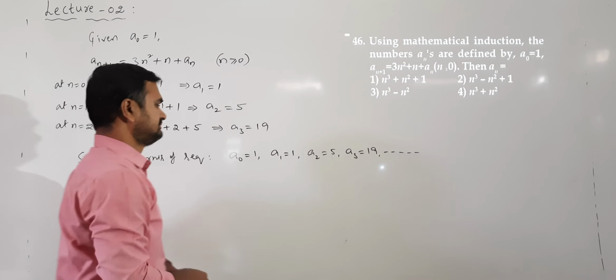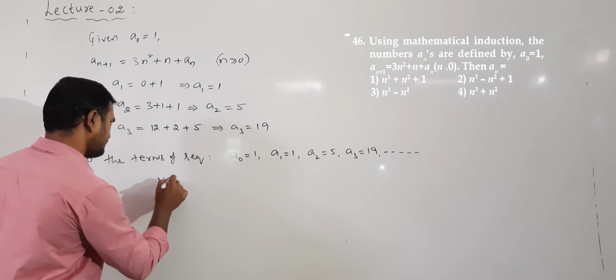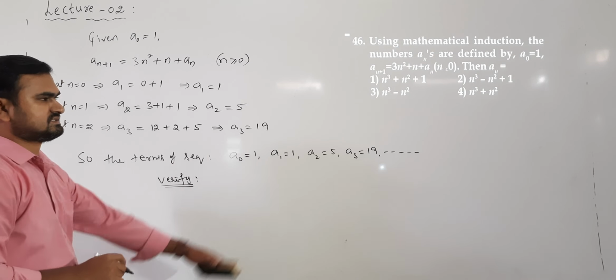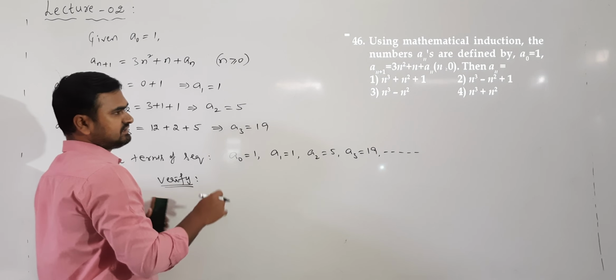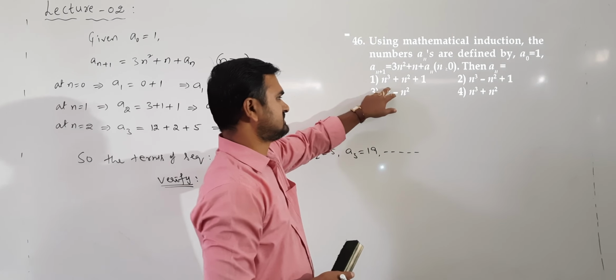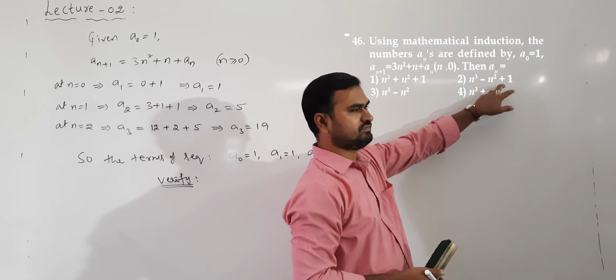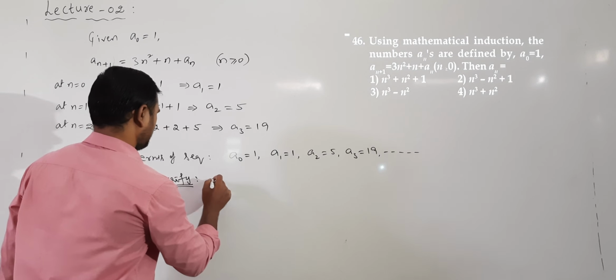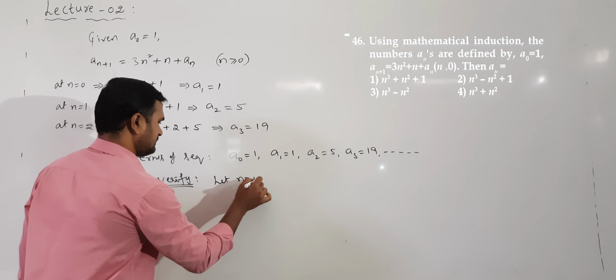Let us verify from the options. First, let us take n as 0. So n is 0 means we get a0. Let n equal 0.